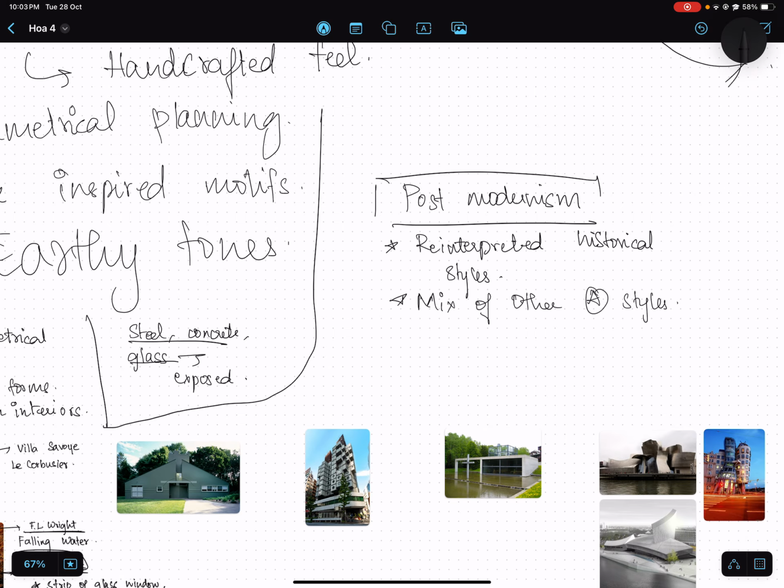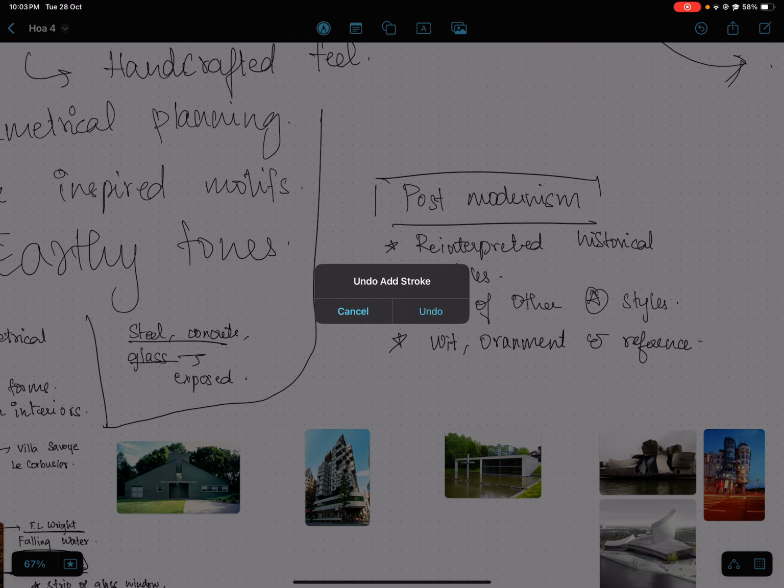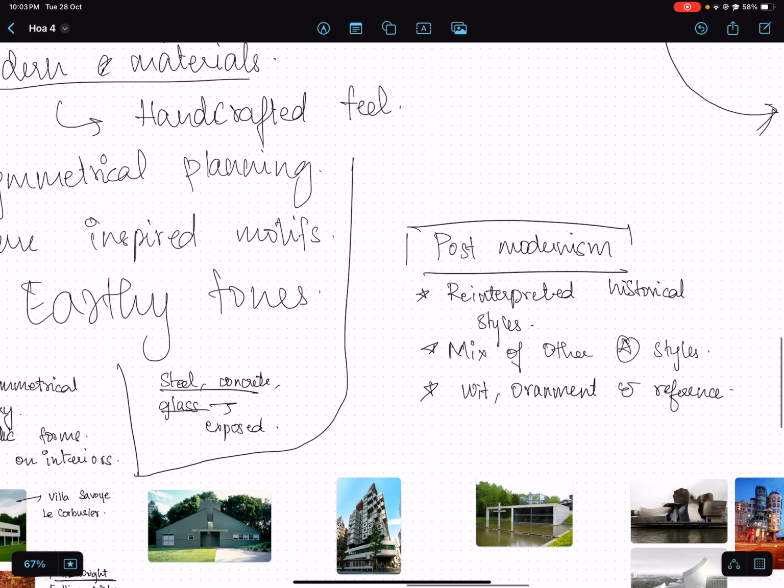So one quote that perfectly fits postmodernism is wit, ornament and reference. So they did start involving ornamentation as well, something that was completely avoided in modernism.